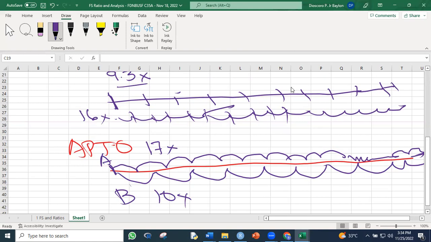May I have your opinion? Our company was moving our payables 17 times while our direct competitor was doing it 10 times. So what do you think, class? Which company was performing better relatively in terms of Apto?